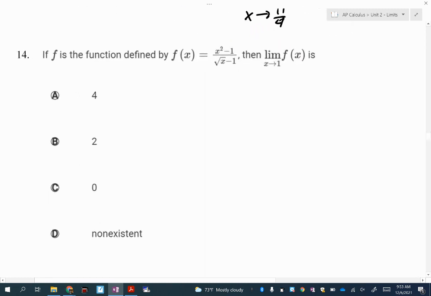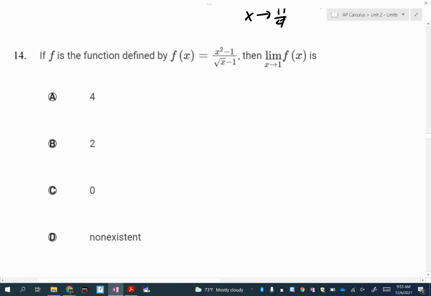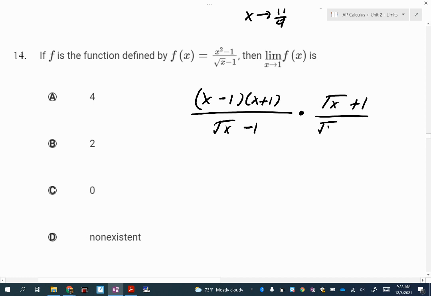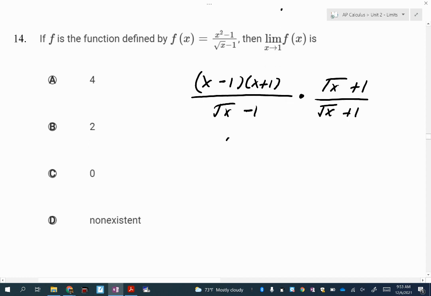All right, another example of using the conjugate, right? If I plug in 1 here, I get 1 minus 1 is 0. Square root of 1 is 1, minus 1 is also 0, so I can't evaluate this right now. But I can factor the numerator and then multiply by the conjugate, the square root of x plus 1. Leave the numerator alone for now.